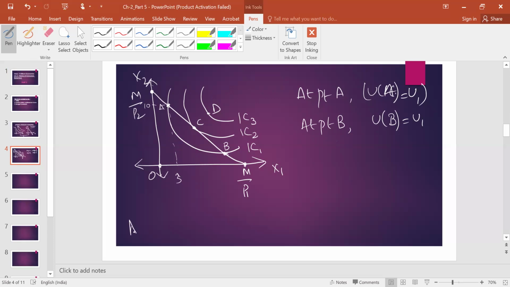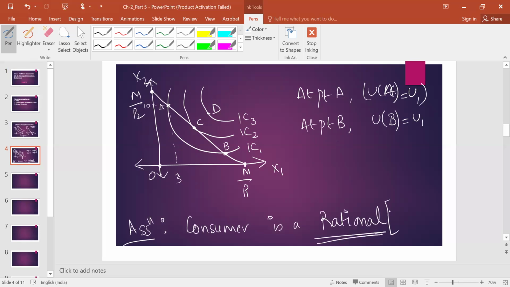Here we are making an assumption that the consumer is a rational consumer, right? He is a rational person who wants to maximize his utility, given his or her income level, or given the constraint he is facing.